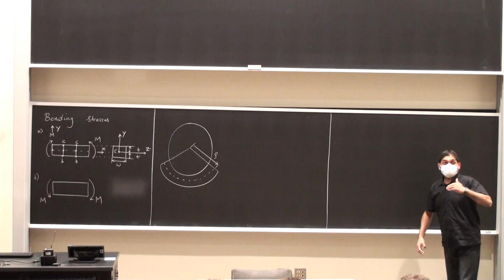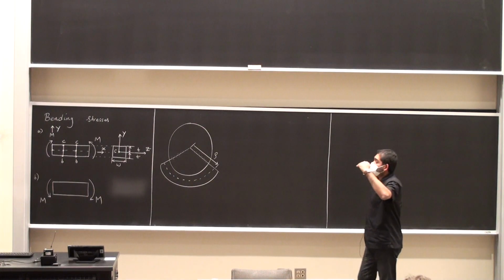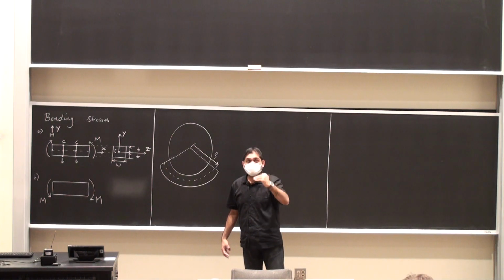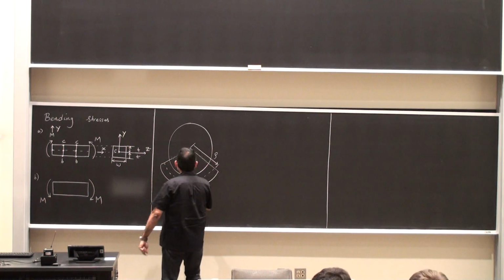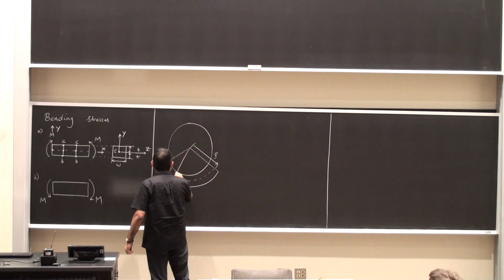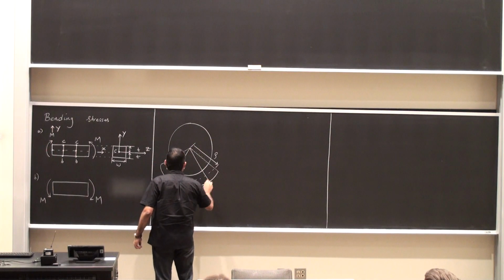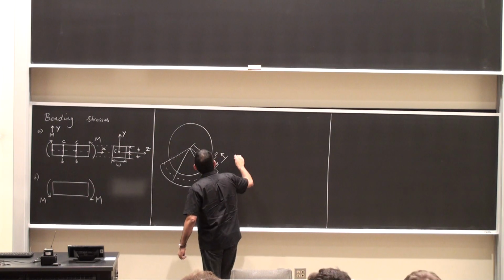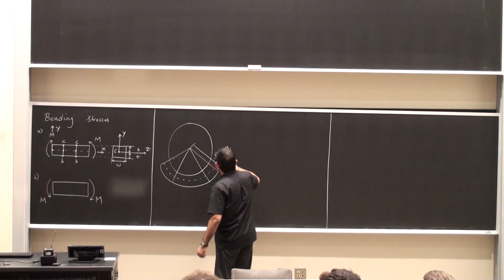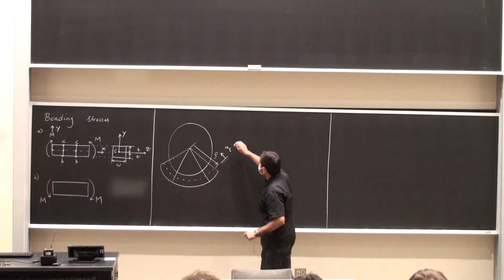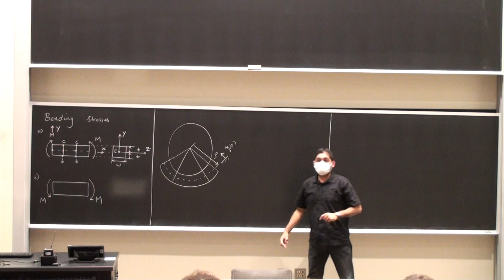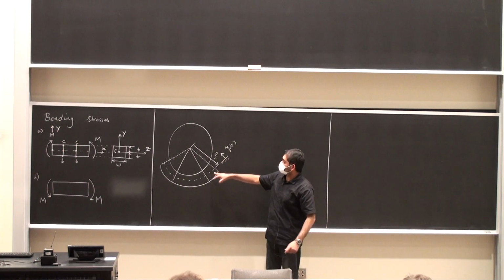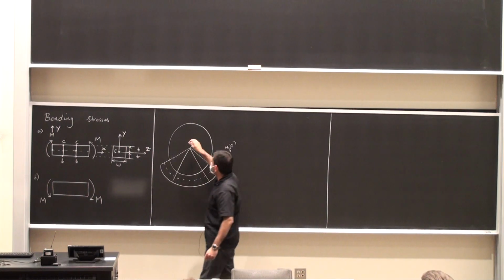My y coordinate is going to be measured as positive starting from the dotted line and pointing up, in this case radially, of course. So starting here, this is positive y. Does this make sense to everybody? This is what we discussed last time. The total radius of curvature of the dotted line is rho from the center of this imaginary cylinder.